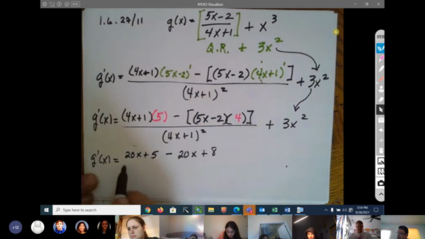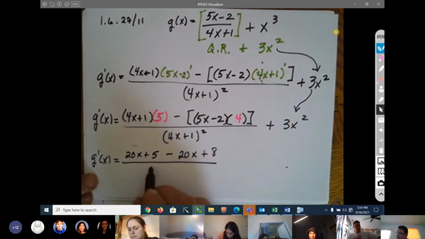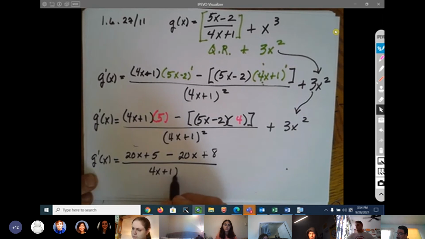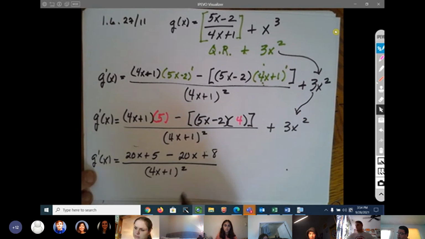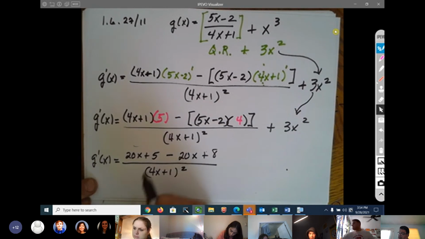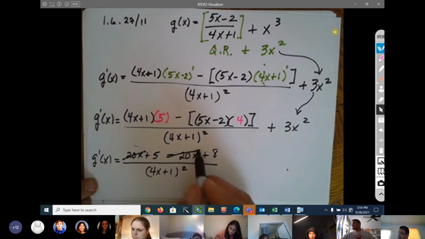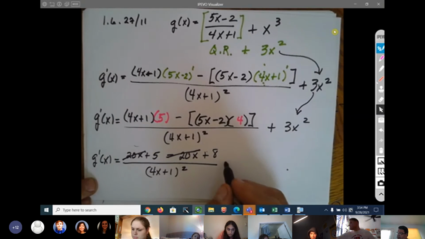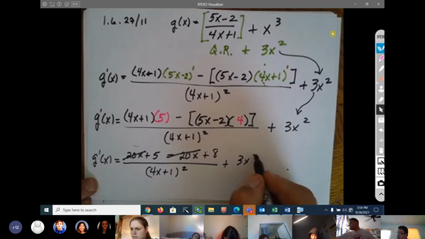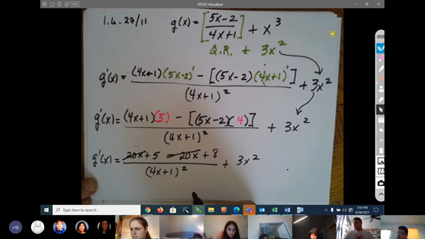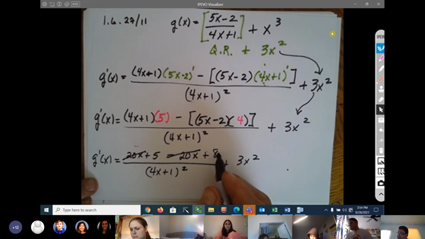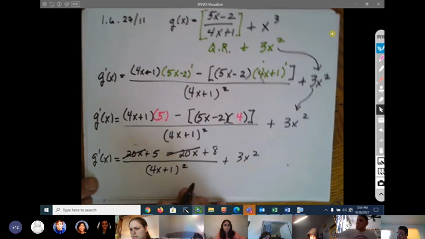Y'all check my math. Over (4x plus 1) quantity squared. And the 20x's are going to cancel. 5 plus 8 is, I have no idea, 5 plus 8 is what? 13? Yes.